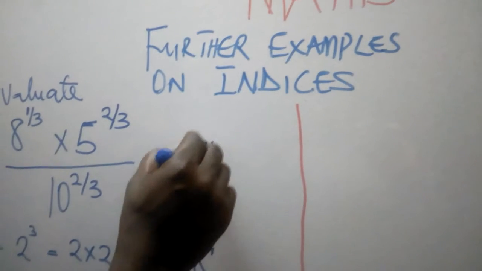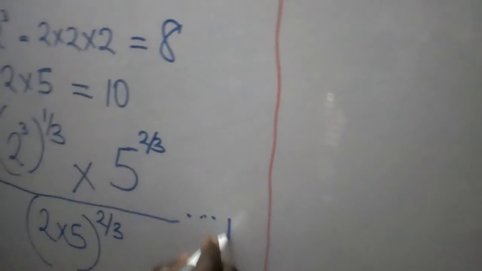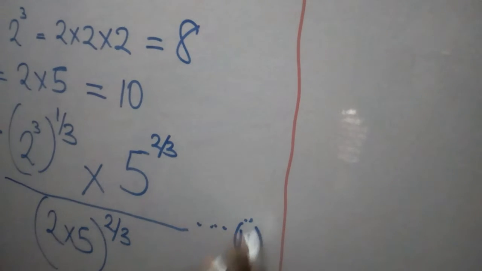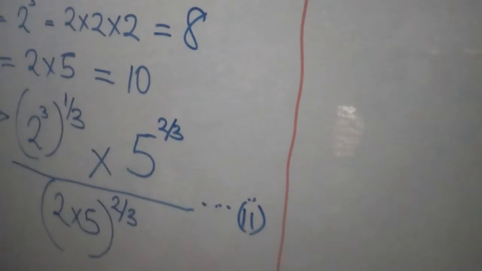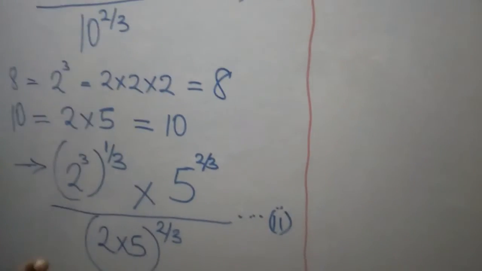Let's say this is equation 1, then this one is equation 2. You can see that when looking at equation 1 and equation 2, they are the same.